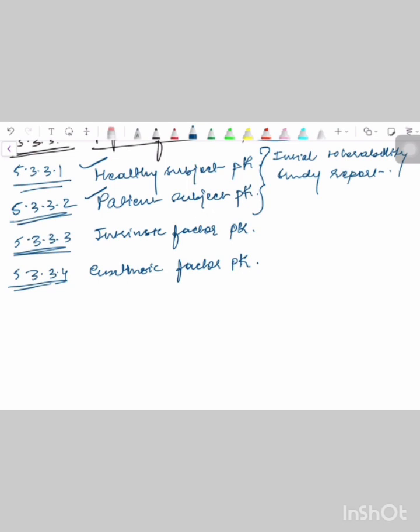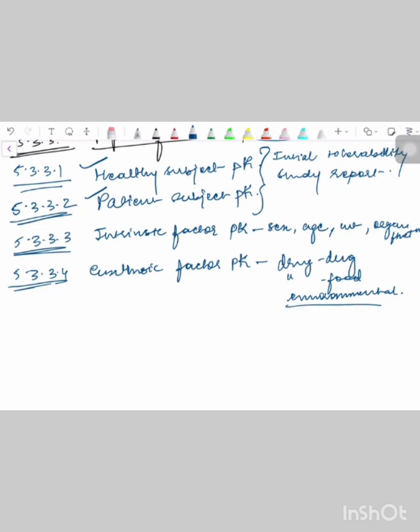So major PK intrinsic factors include what? Sex, age, weight, organ function, choroid diseases. All right. And extrinsic we have already talked about: drug interaction and drug-food interaction and other environmental factors, or if you have drinking or smoking, then that interaction.